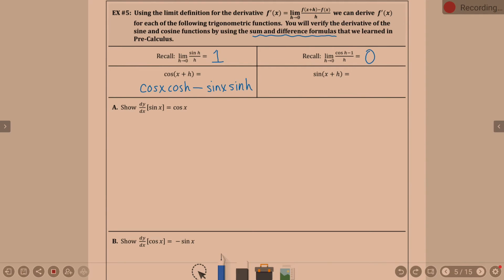So it's sine of x, cosine of h. Keep the same sign, so it's plus, and then basically flip your variable with your trig functions. So cosine x, sine h. We did these last year. So we're going to use that information here as we do these proofs, so to speak, because essentially what we're doing is proving that the derivative of sine is cosine.